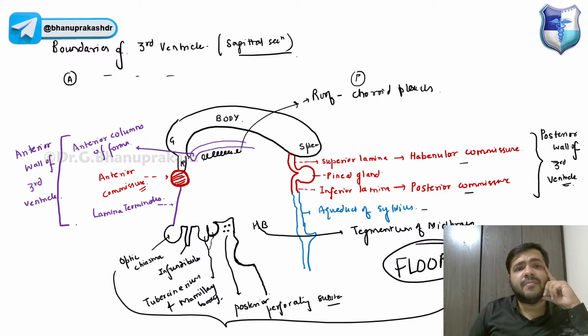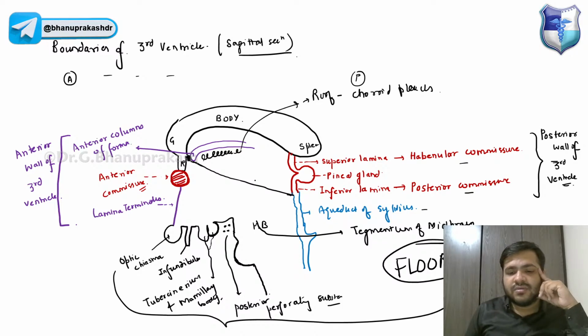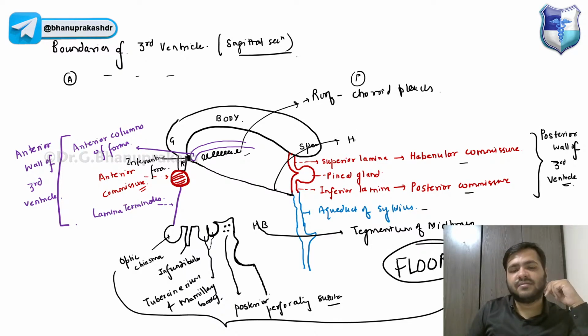Anteriorly, guys, remember we have the interventricular foramen, which extends to the aqueduct of Sylvius. This sulcus, which extends between the interventricular foramen and the aqueduct of Sylvius, is called the hypothalamic sulcus.